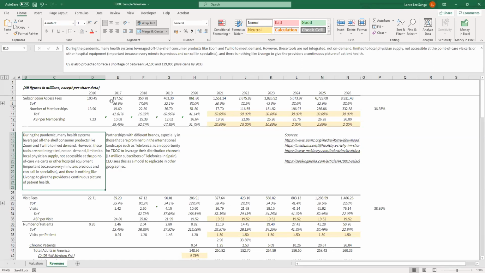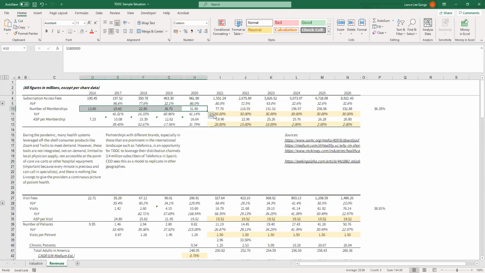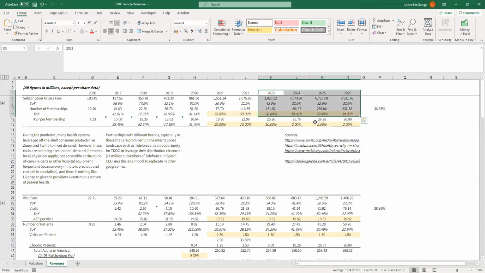And so with that very simple explanation, I projected a huge growth in the quantity of memberships. So for 2021 to 2022, 50%, and then 30% for the last 4 years in the forecast period, right? And this would be stemming from international expansion naman.